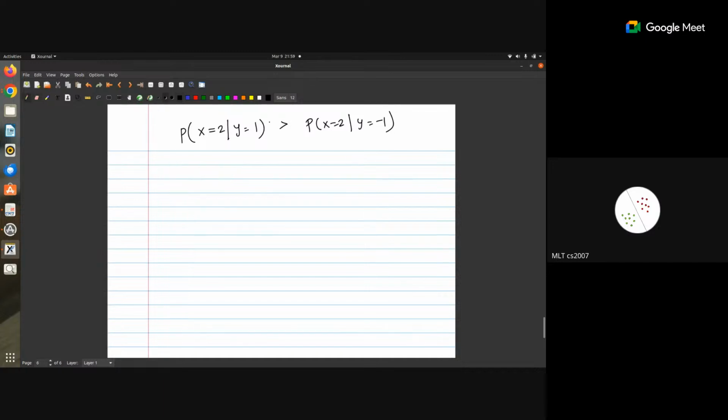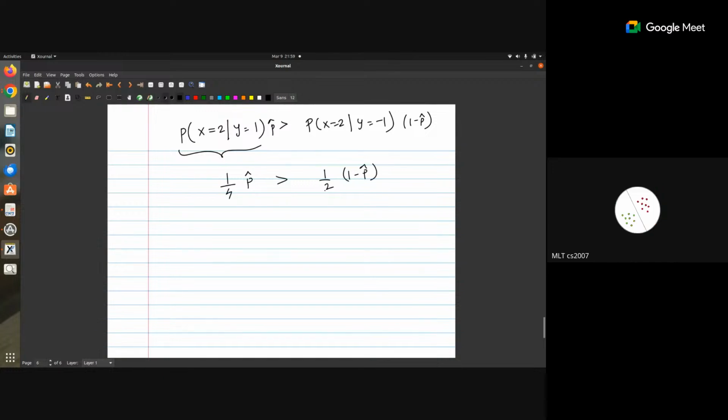We find p hat here into 1 minus p hat. This probability we'll have to think about. So 1 by 4 into p hat is greater than or equal to 1 by 2 into 1 minus p hat.